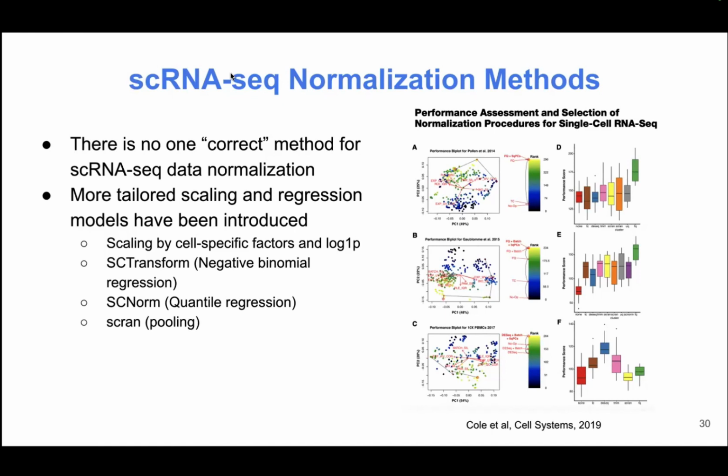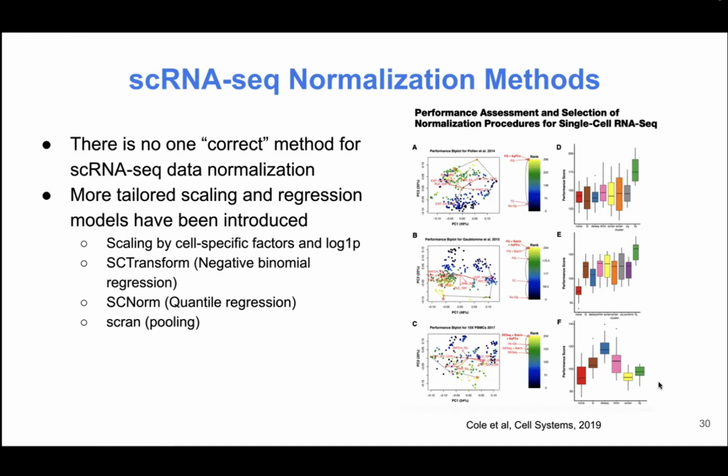So here we can see for our first and second data sets, our far right normalization method, FQ, performs really well. It's ranked highly on this metric score that they've created. But for our third data set, it actually scores much lower and is not the best method according to these metrics.